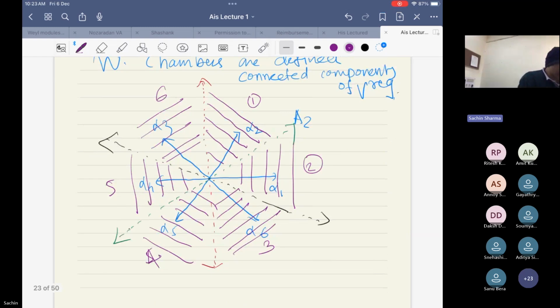So here we have defined chambers. Now, this partition will make me define positive and negative roots on the real roots. What are the positive roots and negative roots?